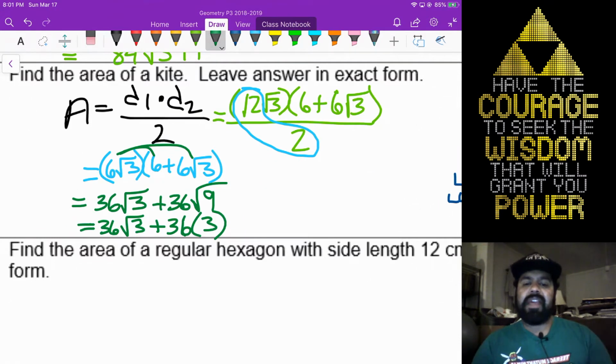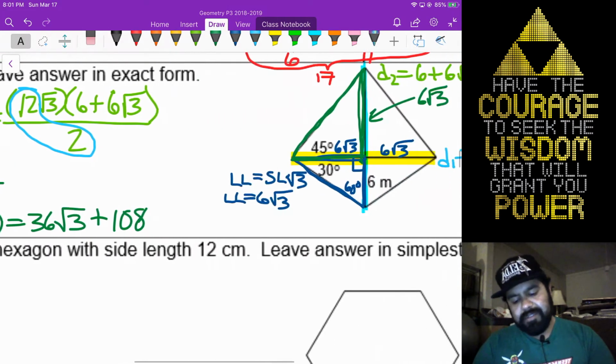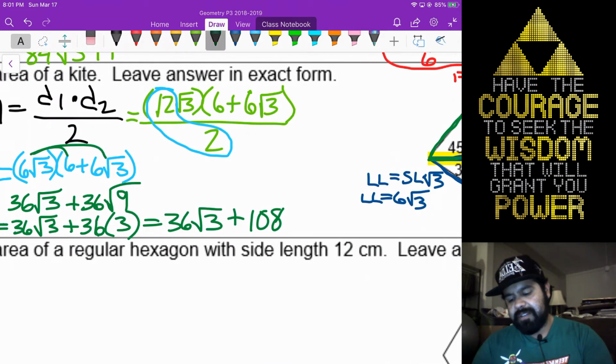So now you're going to go ahead and multiply those two numbers. So then you should have 36 rad 3 plus, let's see here, 36, 12, 3, 12, 9, 108. So that's going to be 108. And I believe the units are meters. Yep, meters squared.